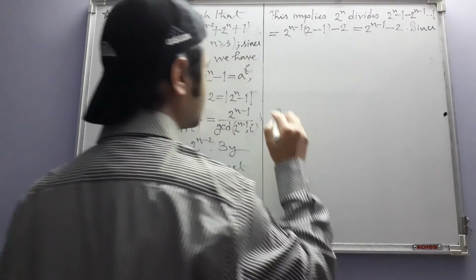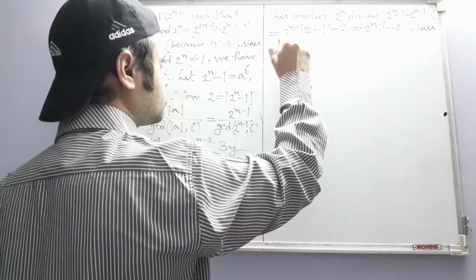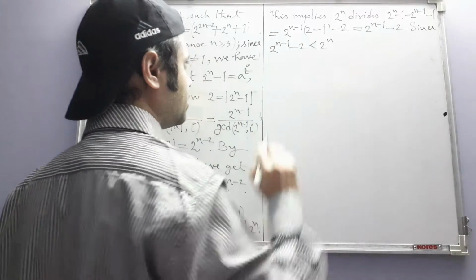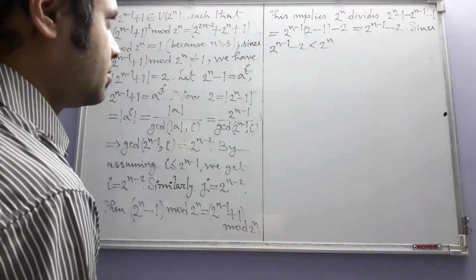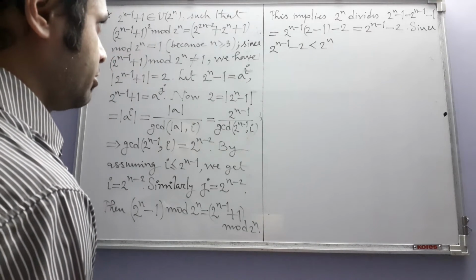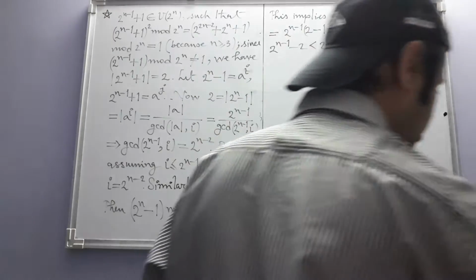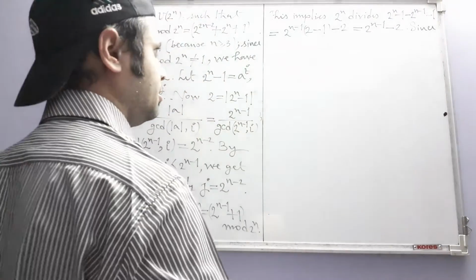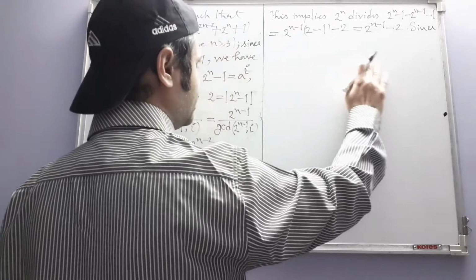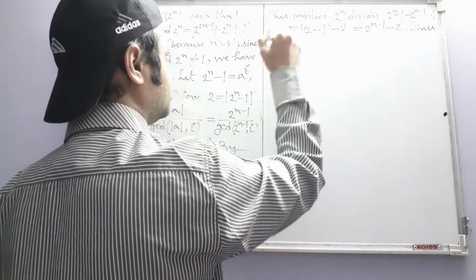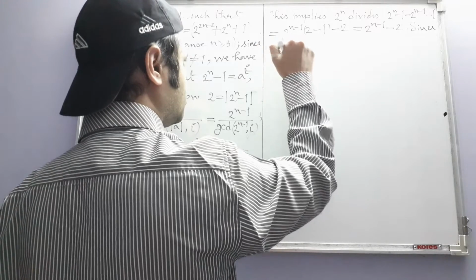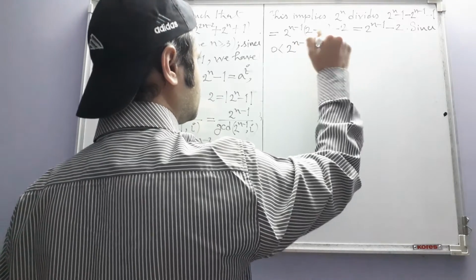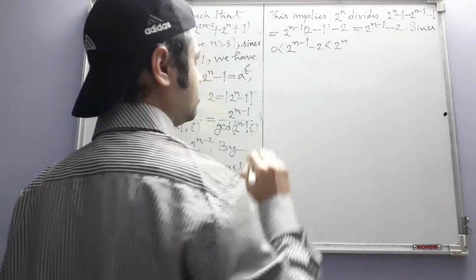Since this is less than 2 to the power n, but at the same time it is greater than or equal to 0, we can in fact conclude at once that we have hit a place from which there is no escape, since 0 is less than this and this is less than 2 to the power n.